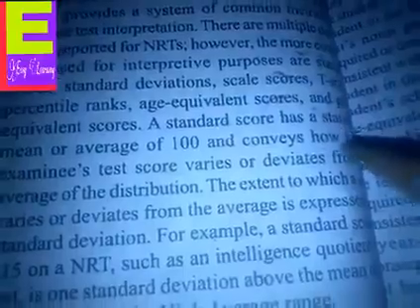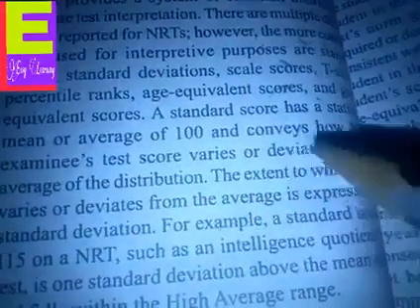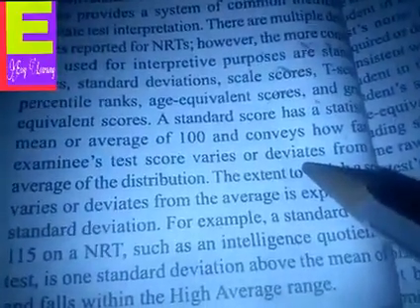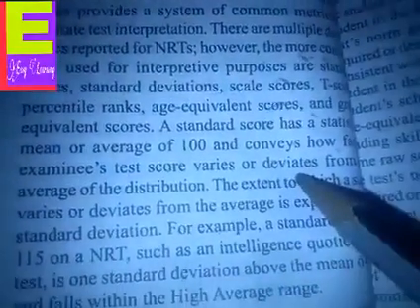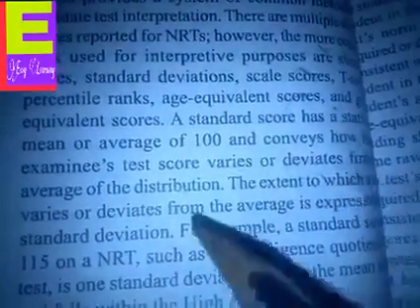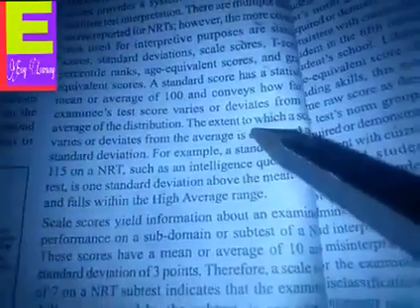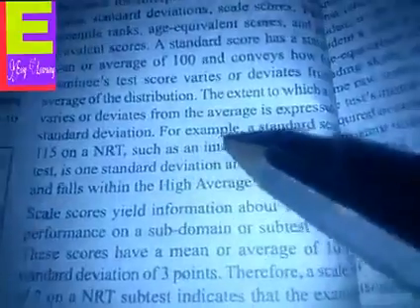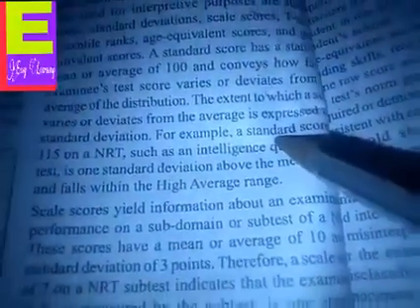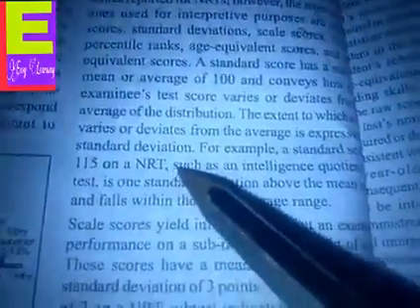A standard score has a statistical mean or average of 100 and conveys how far an examinee's test score varies or deviates from the average of the distribution. The extent to which a score varies or deviates from the average is expressed as a standard deviation.